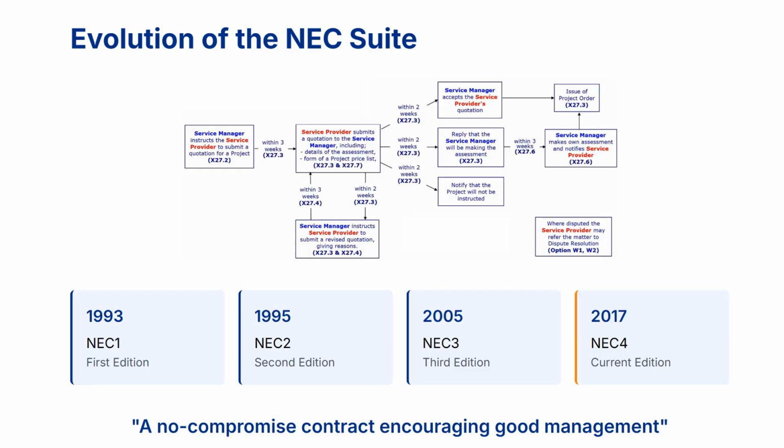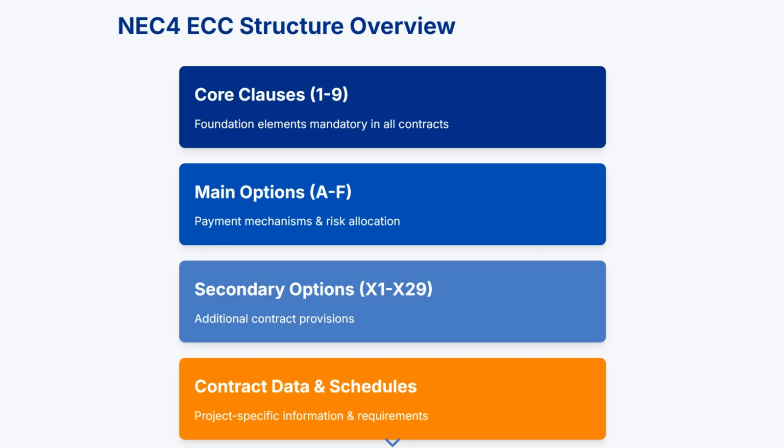The major breakthrough came with NEC3 in 2005, which gained widespread adoption, particularly after being endorsed by the UK government for public sector projects. NEC4, released in 2017, represents the current evolution, incorporating lessons learned and expanding options to address modern construction challenges. Throughout its development, the NEC has maintained its core philosophy as a no-compromise contract encouraging good management, emphasizing clarity, flexibility, and a proactive approach to project management.